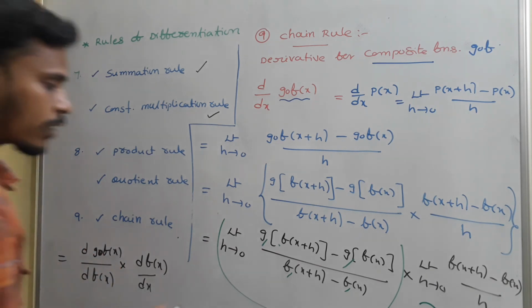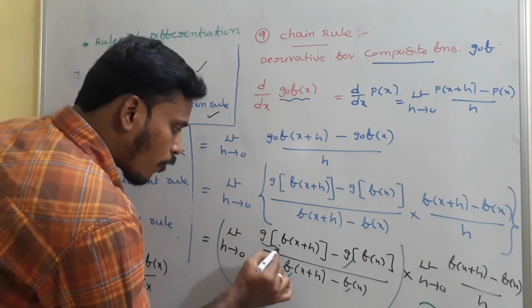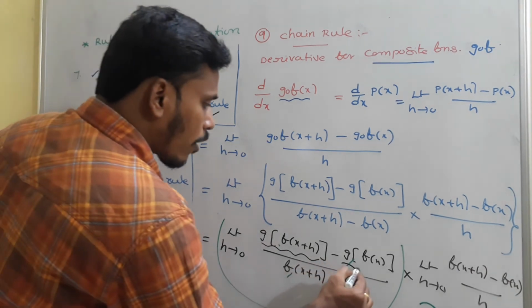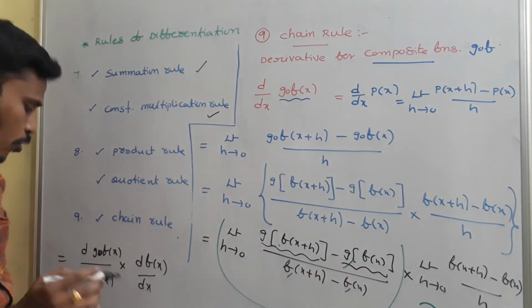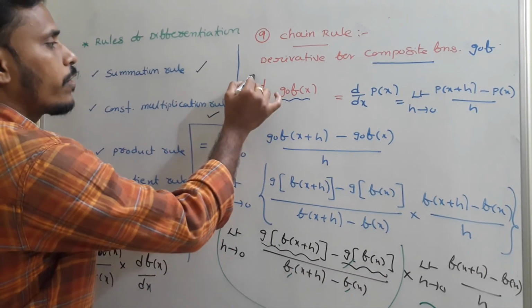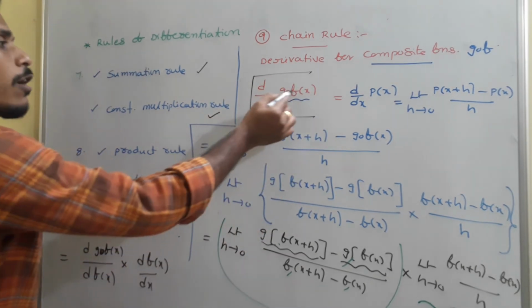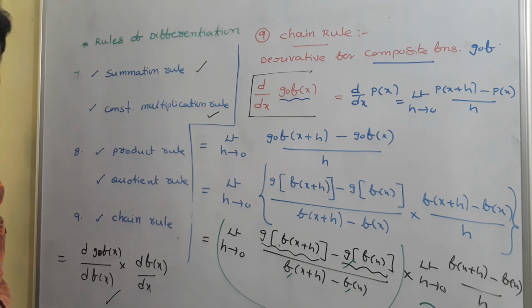Is it right? Just look at this. G of f of x plus h is g circle f, g of f of x is g circle f. So basically, the derivative of g circle f of x is the derivative of g circle f of x with respect to f of x, into the derivative of f of x with respect to x.